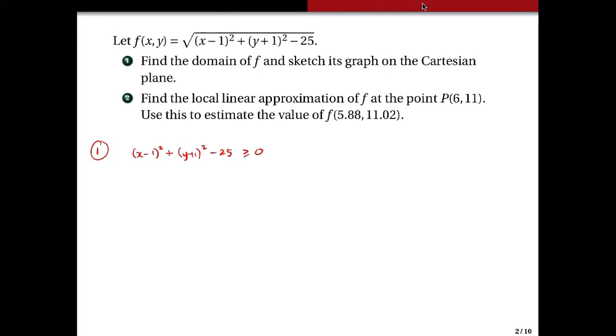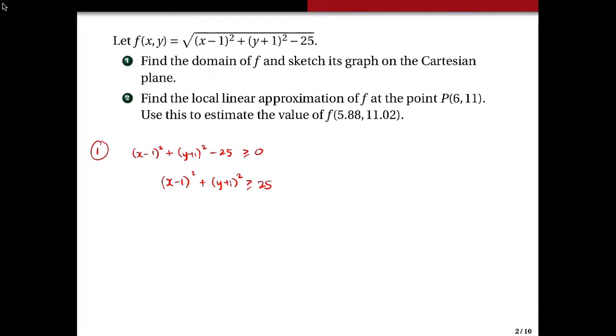Okay, and then we'll just have to move the 25 to the other side of the equation. We will have (x minus 1) squared plus (y plus 1) squared greater than or equal to 25.